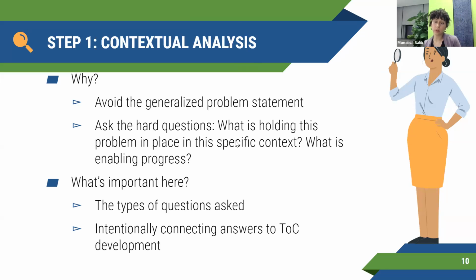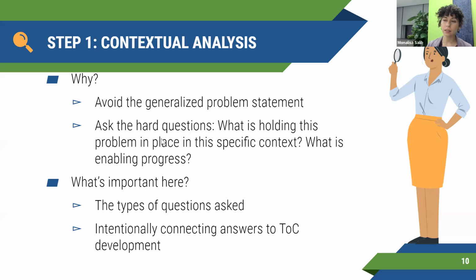What's maybe important or different here is the types of questions asked. As I mentioned, we honestly didn't come up with most of them. Most of them are borrowed from different frameworks, especially I'll give a shout out to USAID's Applied Political Economy Analysis framework and USAID's 5 R's framework. Both of those frameworks are incredibly helpful in coming up with context questions that help you ask those bigger picture questions of what's holding this problem in place and what is enabling progress.